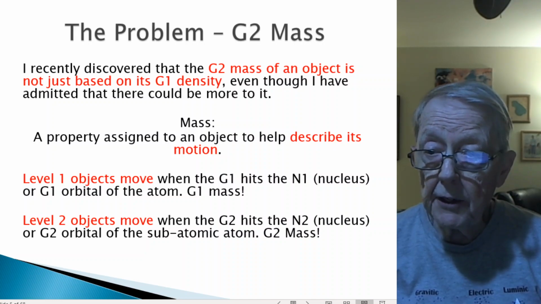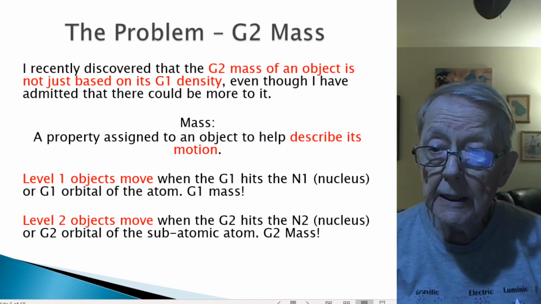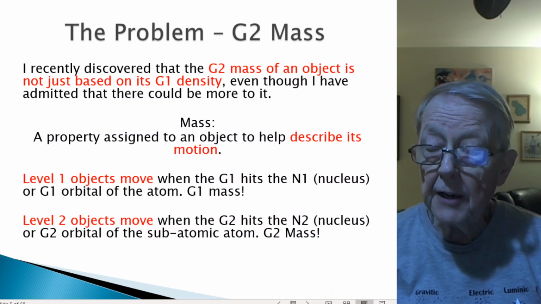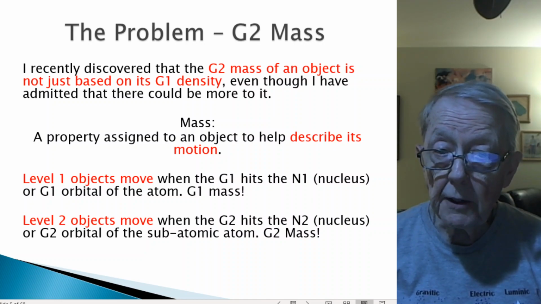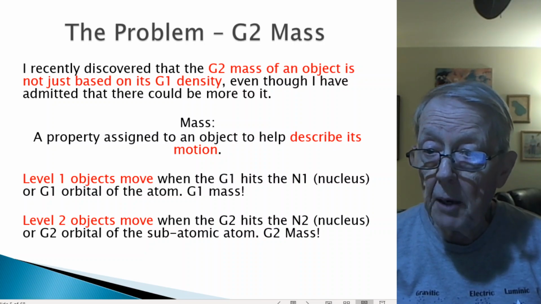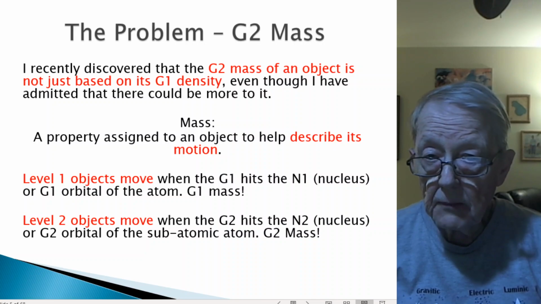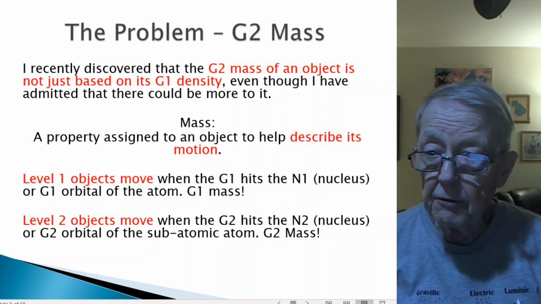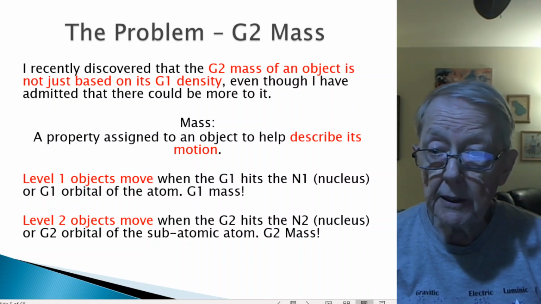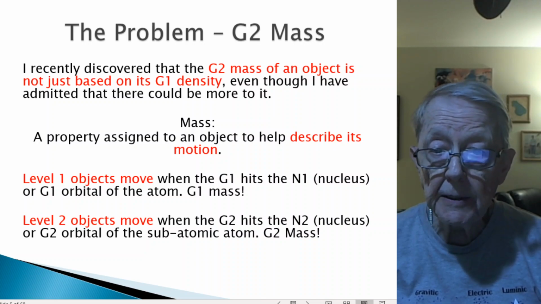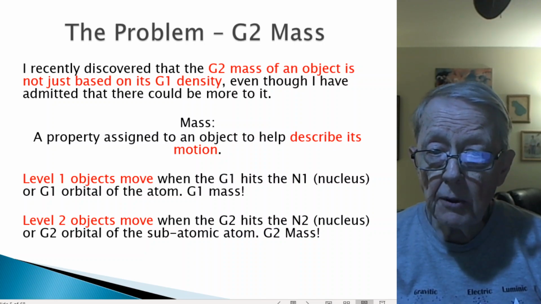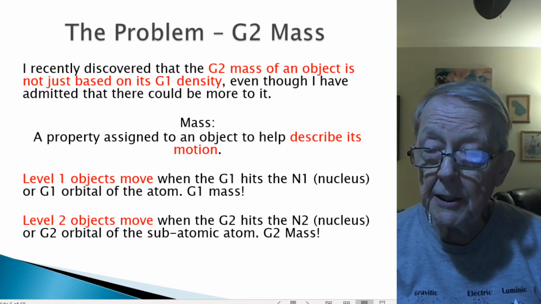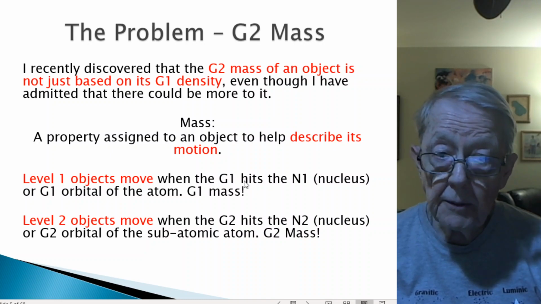He was looking at the interaction of two particles, and he said if he could assign a value of mass to each particle, he could then describe what happened when they both hit. And he ends up with force equals mass times acceleration. But that's a general description of what mass is, but what's really going on?